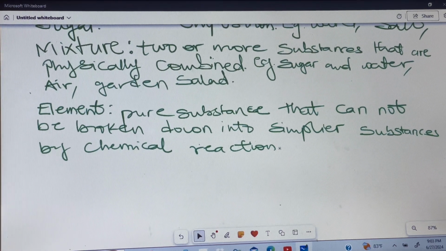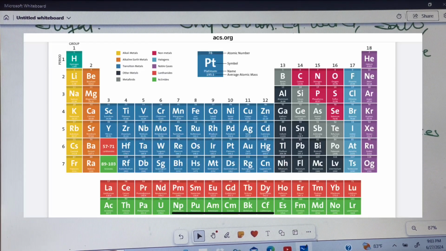If you have heard of the periodic table, you know that the periodic table has a lot of elements: hydrogen, helium, lithium, carbon, nitrogen. All these are elements. So elements cannot be broken down into simpler substances by any chemical means.